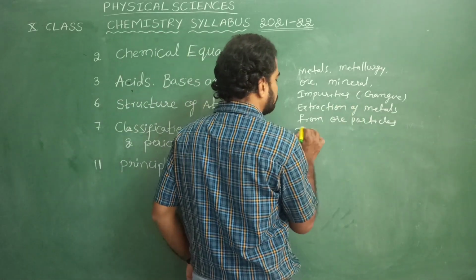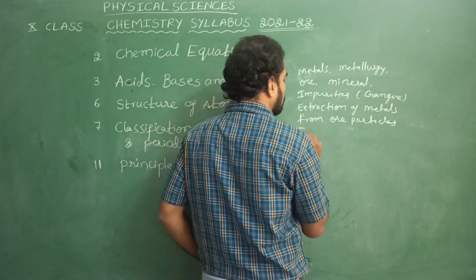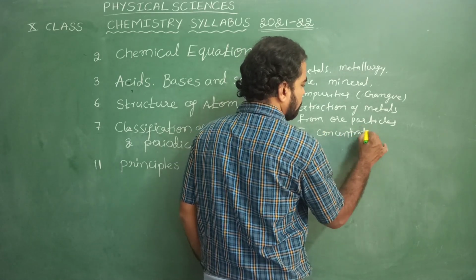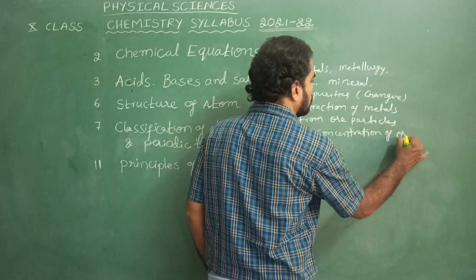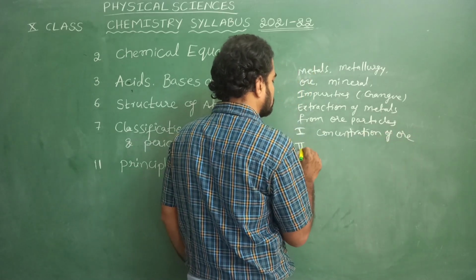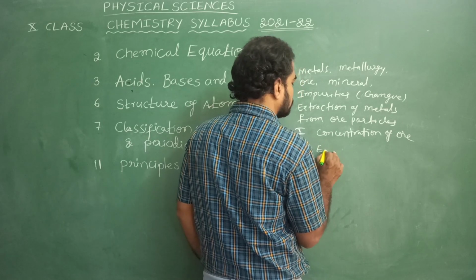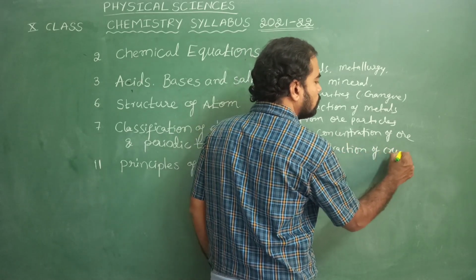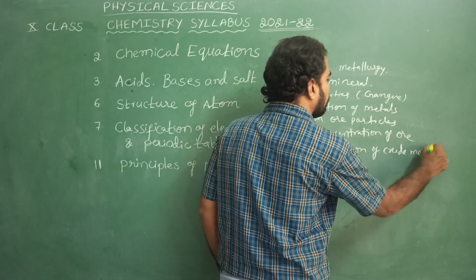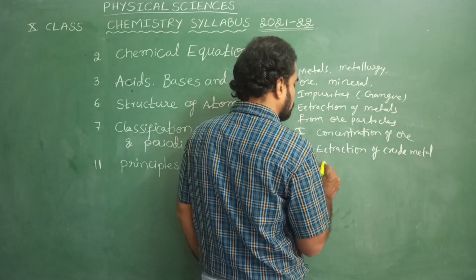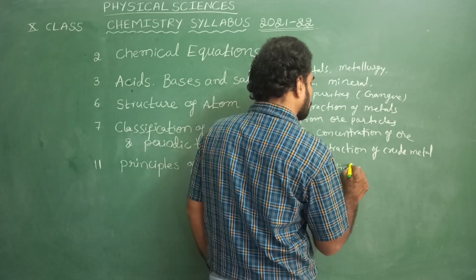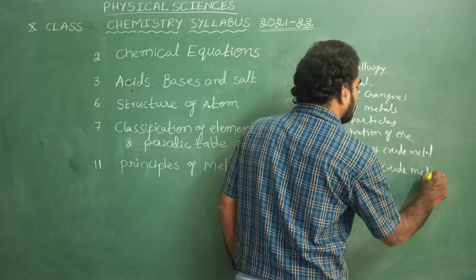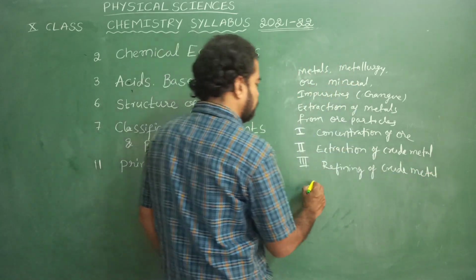There are three steps. One is concentration of ore, the second one is extraction of crude metal, and the third one is refining of crude metal or refining of metals. And furnaces.